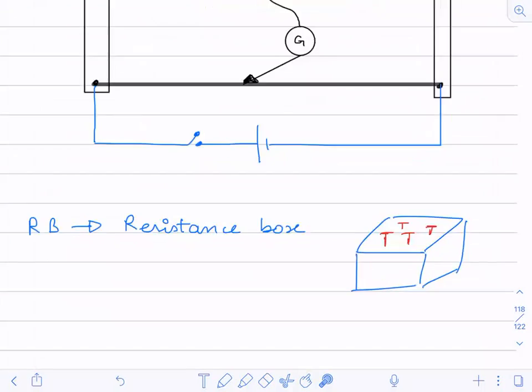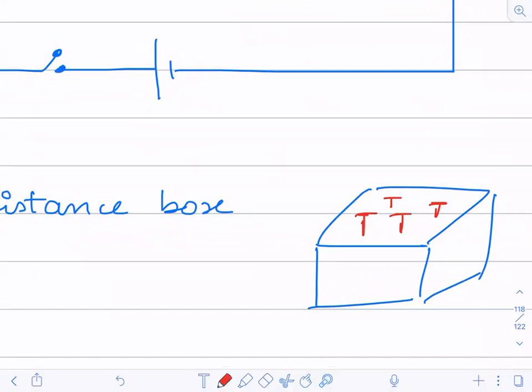I'm just zooming it out. Suppose I write 5 ohm here, 10 ohm here, 20 here, and 15 over here.